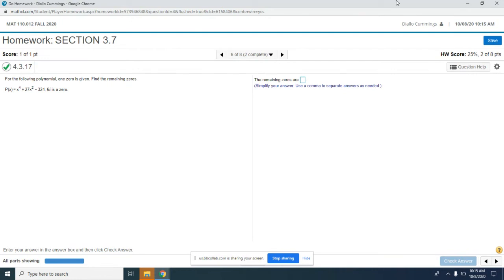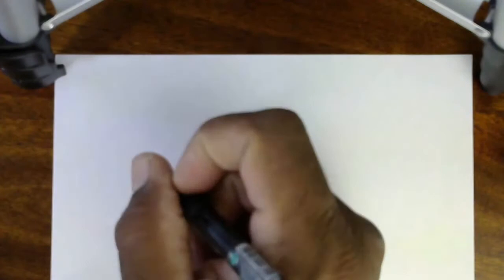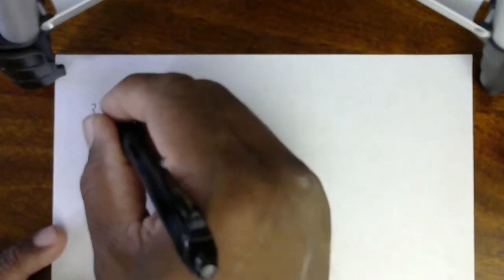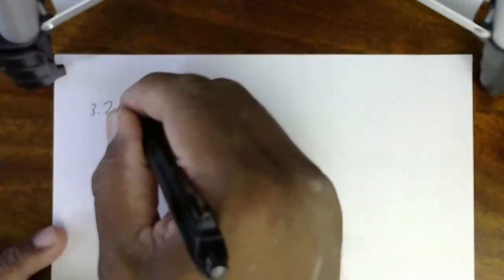So I'm going to go back to our document screen, and we're going to work this problem. This is 3.7, number 6.